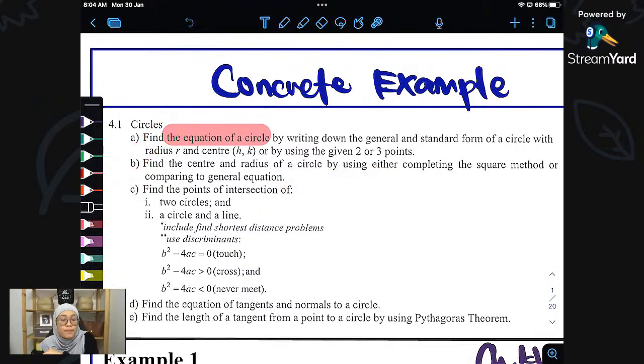Alright, so let's move on to the first goal, which is to find the equation of a circle by writing down the general and standard form of a circle with a radius r and a center, called h, k coordinates, or by using the given 2 or 3 points.